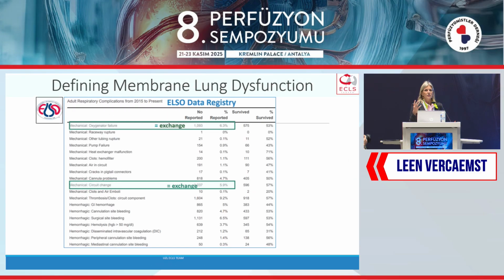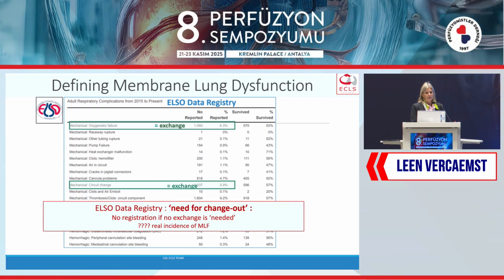If you look at the ELSO data registry, I don't know if you put in data in the registry, but there the only thing you can find is when you have to change your membrane. It's not defined as membrane lung failure, but it's defined as need to change out. So whenever you need to change out your membrane, you have to register it.